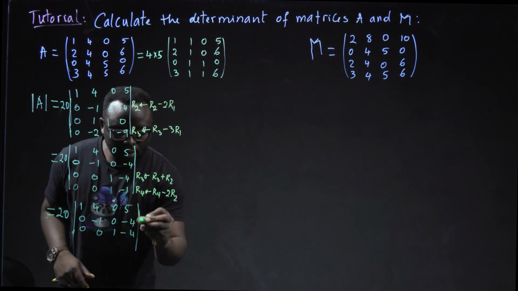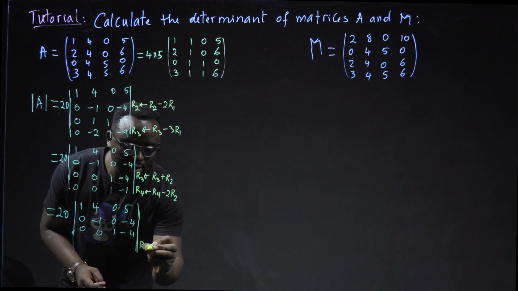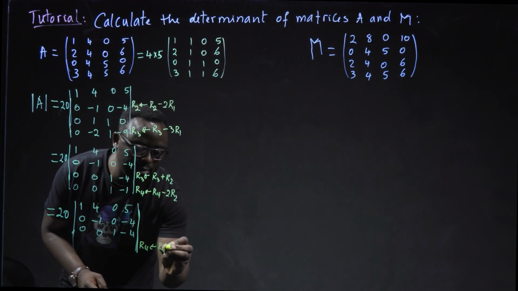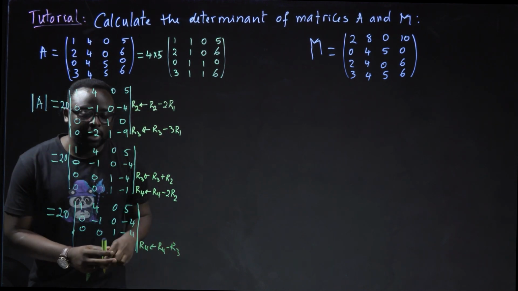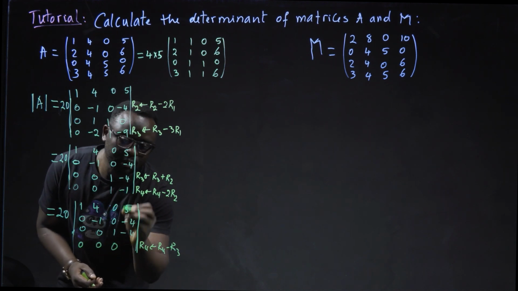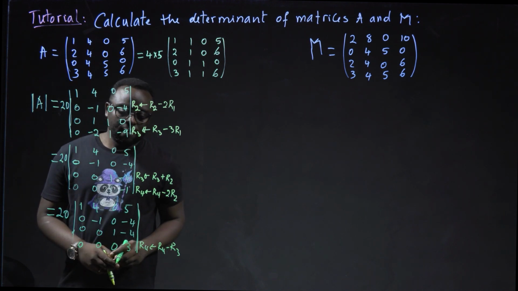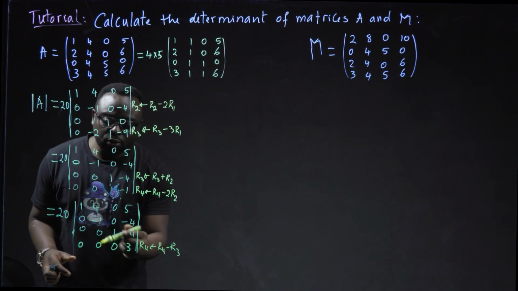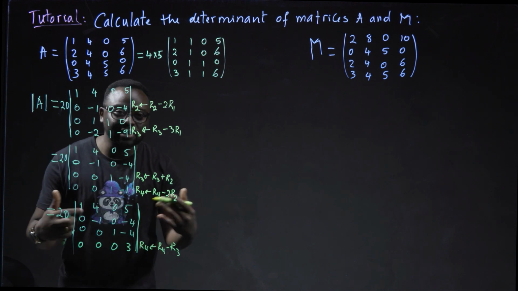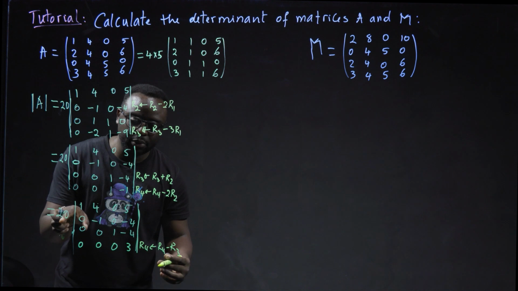So to get rid of this one, we have to say R4 becomes R4 minus R3. Okay, so this is 0, 0, 0. This minus this is 3. All right, at this stage, we have an upper triangular matrix. So the determinant is just the product of the diagonal elements multiplied by the coefficient we have here in front.